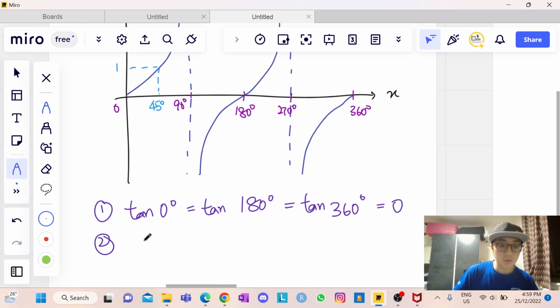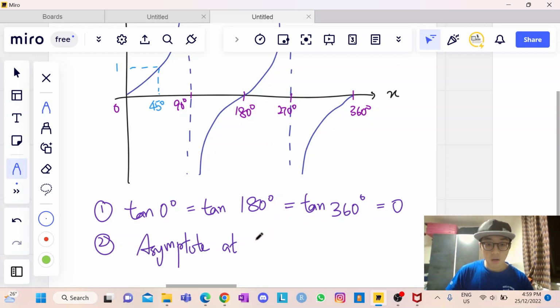Number 2, the asymptote at tangent 90 degrees and tangent 270 degrees.